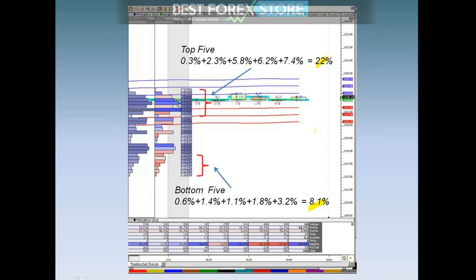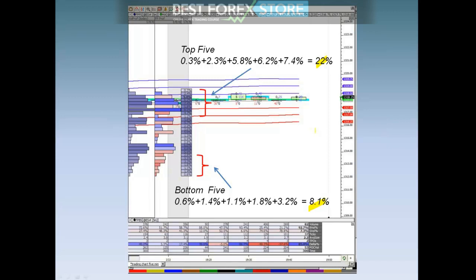Is it facilitating it towards the top side of the range, or is it facilitating it to the lower end of the range? And if you look at these two numbers, it really is not difficult at all to see the answer. Obviously, the market is facilitating trade towards the top of the range.